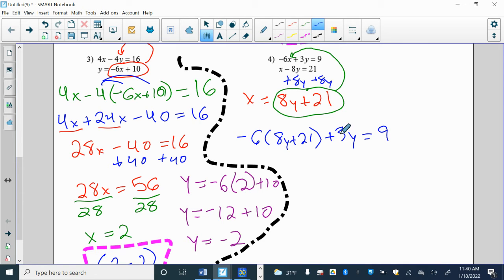Notice the goal was to just have one variable in our equation, allowing us to solve and get an answer of just a number, and that's what we have here. Let's multiply this out. Negative 48y minus, 6 times 21 would be 126. Then plus 3y equals 9.